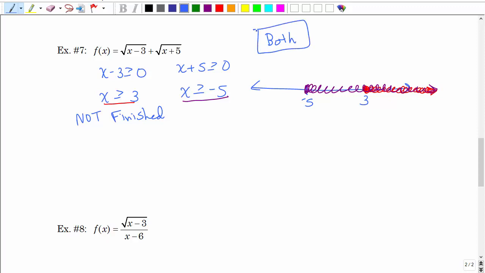So where on the number line are both colored in? All of that. So your final answer is x is greater than or equal to 3. As long as you put all numbers greater than or equal to 3 in both of those radicals, you're going to be okay as far as that domain. And so we would have from 3 to infinity.